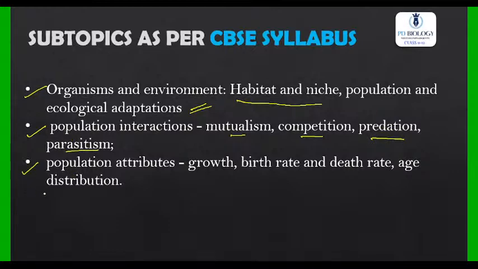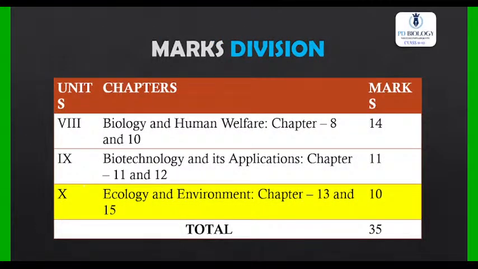And population attributes: growth, birth rate, death rate, age distribution, etc. So this is our 10th unit, ecology and environment. So we are there for 10 marks. Last 10 marks for our preparation.